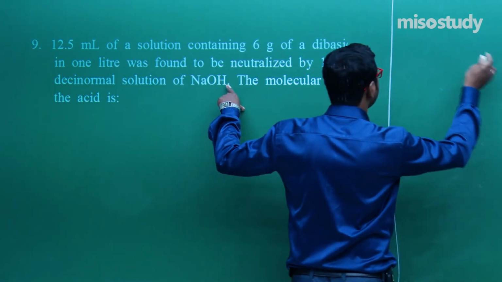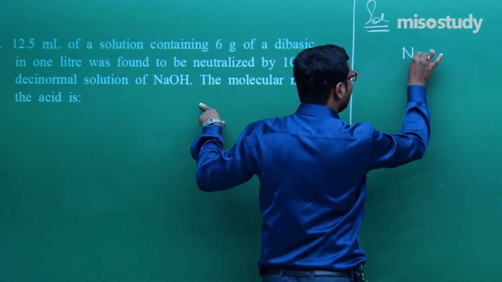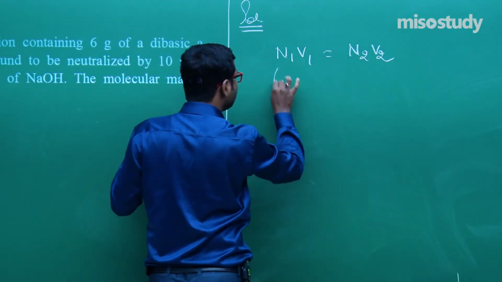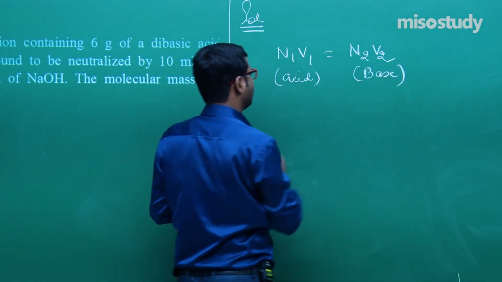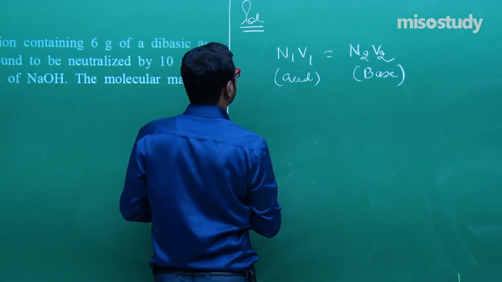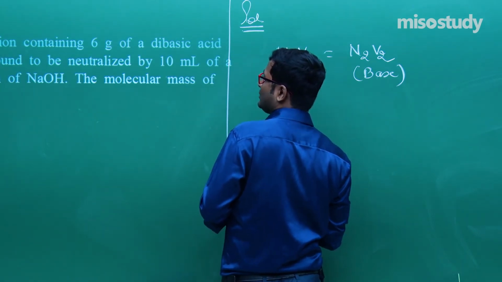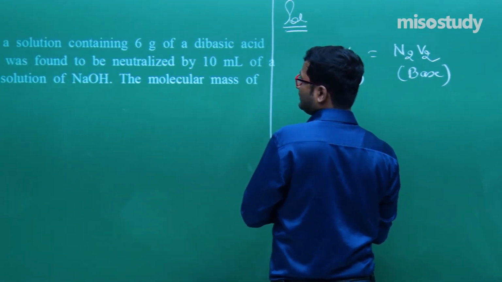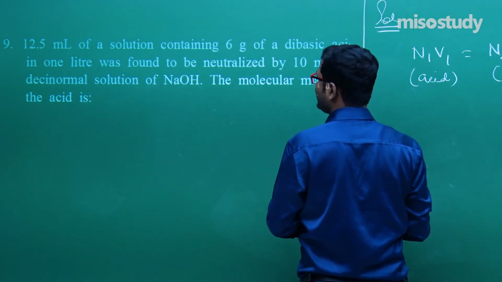Okay, that means simply again the formula, N1V1 is equal to N2V2. This is for acid and this is for base.